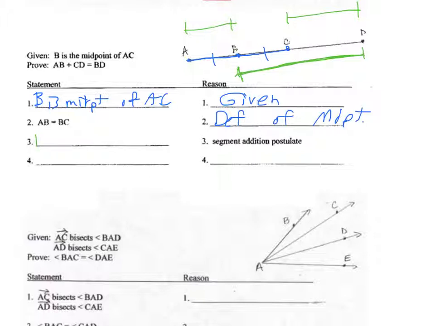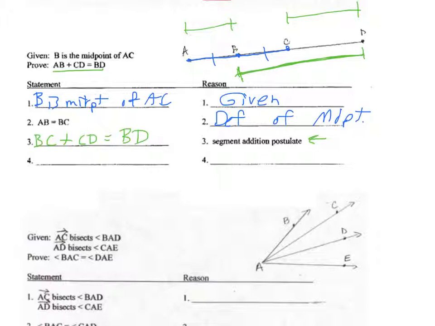And we're seeing segment addition postulates, so we're going to add two segments to equal one larger segment. Well, we already have this right here, so we're going to look at segment BD. So BC plus CD equals BD.